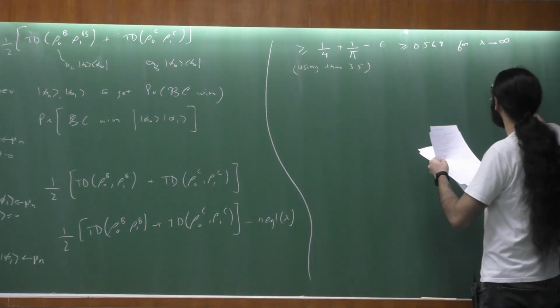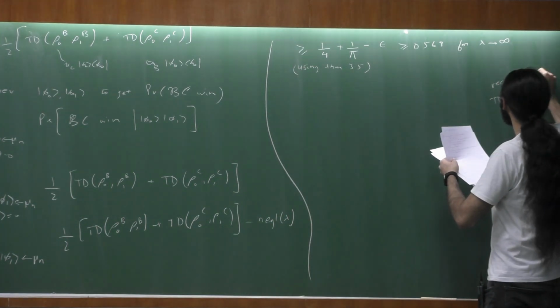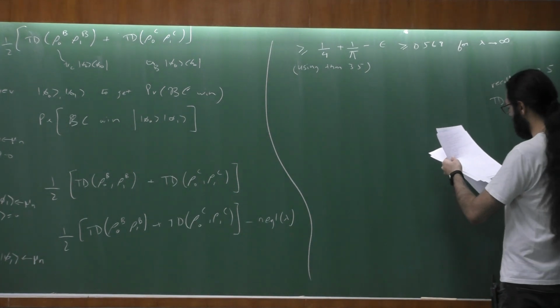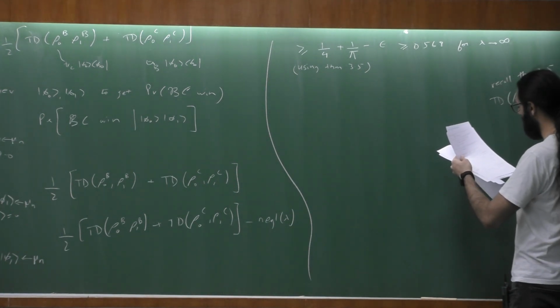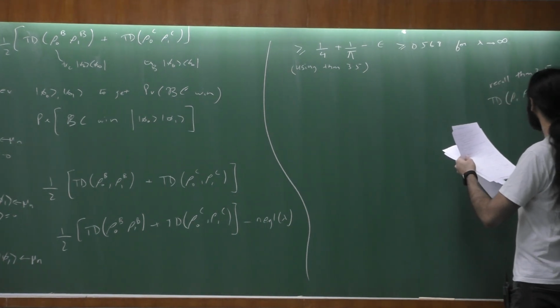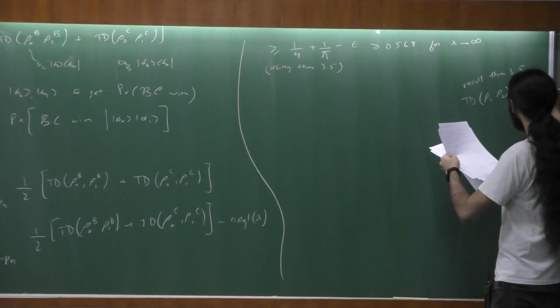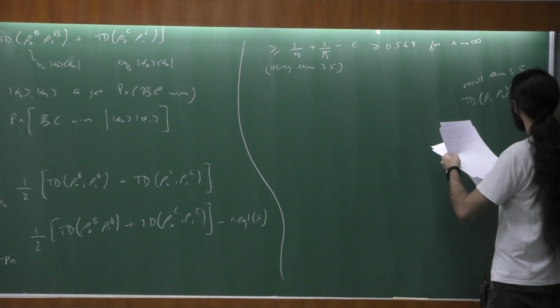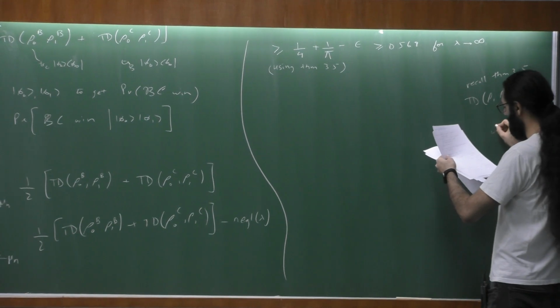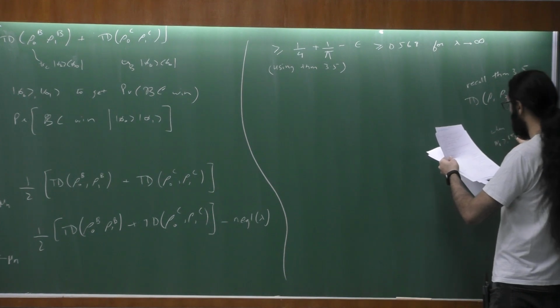So recall theorem 3.5. We're saying that the trace distance between rho 1 and rho 2, with high probability, so almost surely, goes to 1/4 plus 1/pi, which is approximately 0.568, when psi 1 and psi 2 are sampled basically from the spherical measure.